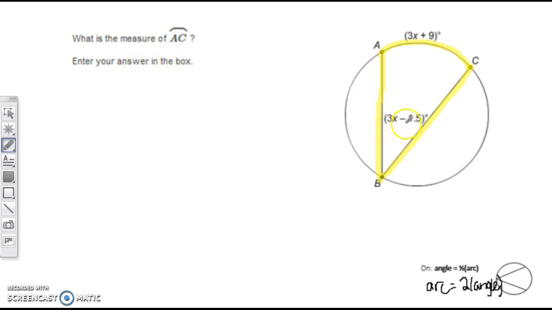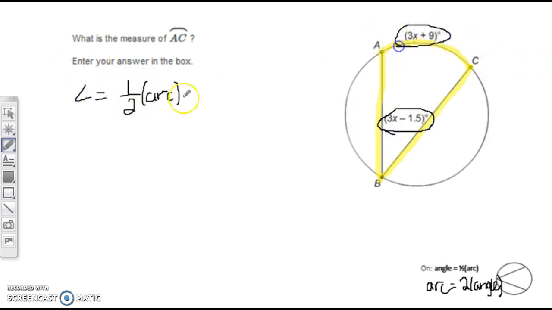I'm just going to go ahead and say that my angle measure equals half of my arc. So here I'm plugging it in. For the angle, I'm going to substitute in 3x minus 1.5. And for the arc measure, I'm going to substitute in 3x plus 9.